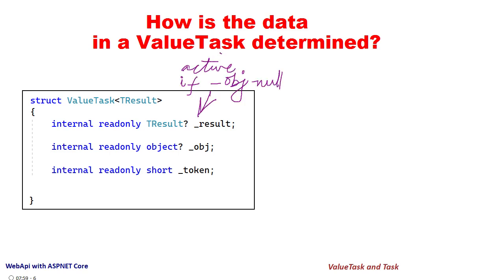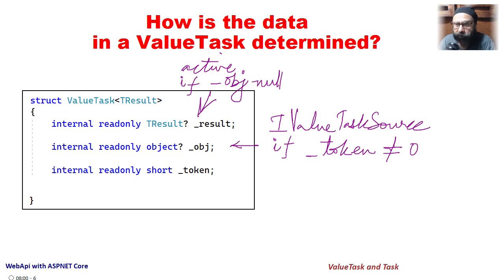If _obj is null, then the operation has completed synchronously and the result is contained in _result. So this is the first rule. Internally we check if _obj is null, then the data is contained in _result. And if _obj is not null and another member called internal readonly _token is non-zero, so there is a third member also, _token.